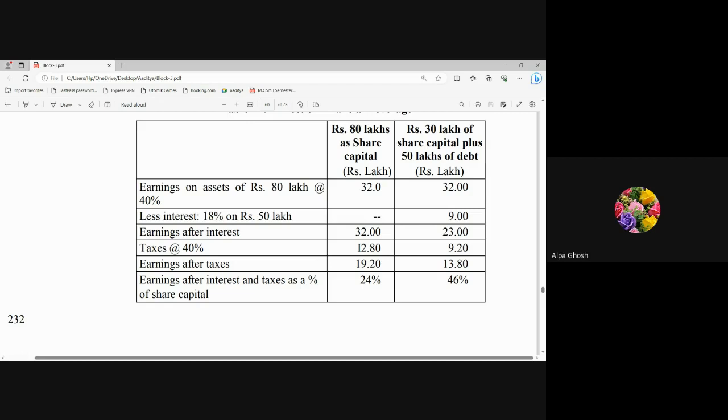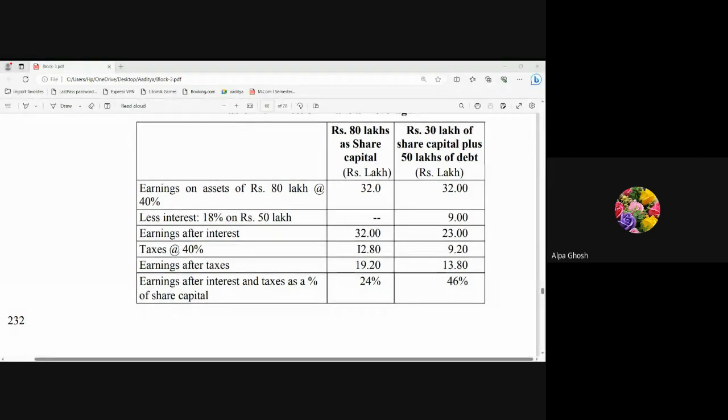But in the second case, we are not paying the profits to the debt capital, because when we pay interest, they are out. So in the second case, we have shareholders only for a value of rupees 30 lakh. So this 13.80, which is earnings after tax, is to be distributed only amongst the 30 lakh shareholders.